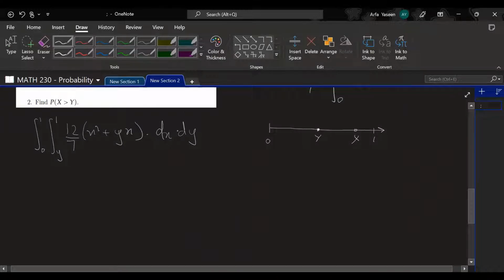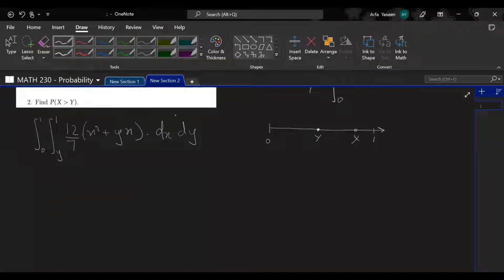You could have also switched the limits and taken the integral by switching the order. And you can make sense of it on the number line yourself. I'll just complete this integral.